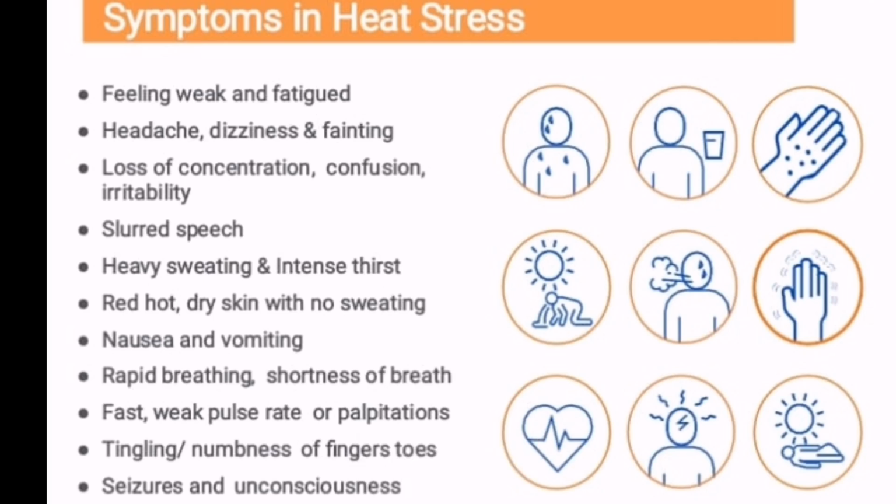So the part of your skin which is directly exposed to sunlight or a hot surface becomes red. Why does it become red? Because of direct contact with the heat. So if something happens to your skin, dry skin, some rashes, it is one of the indicators that you might be exposed to heat stress.